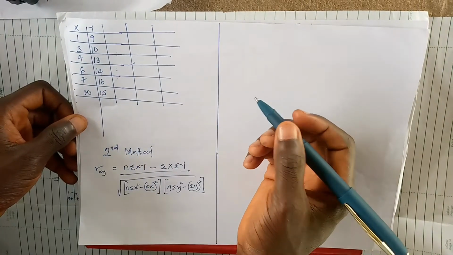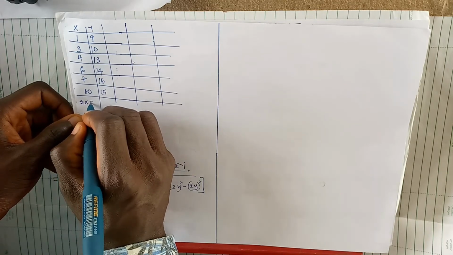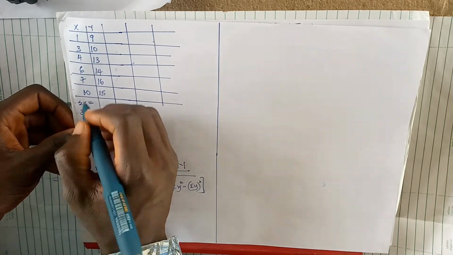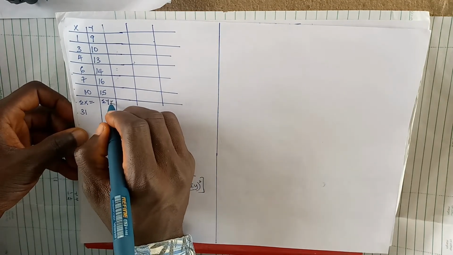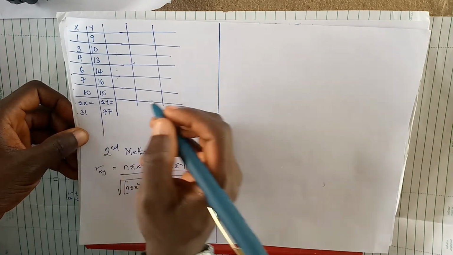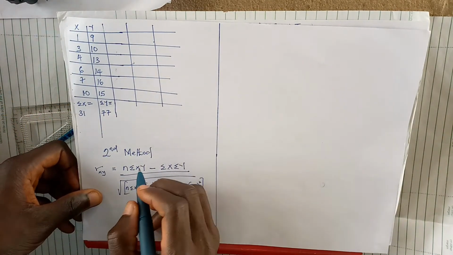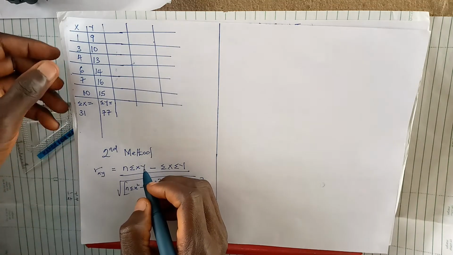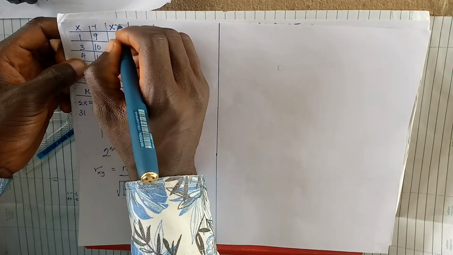Like we did earlier, summation x equals 31, adding all this, and summation y equals, adding all this together, we have 77. Now, this is summation x, summation y. Now we need a column that satisfies summation xy.